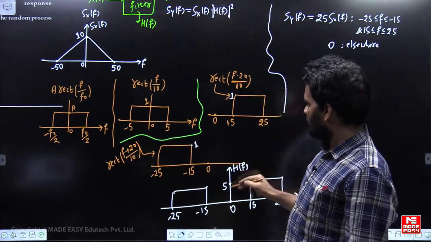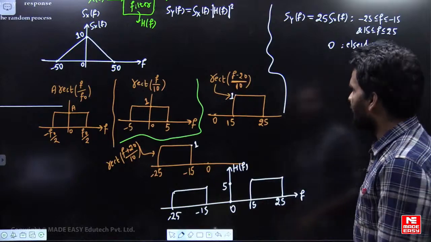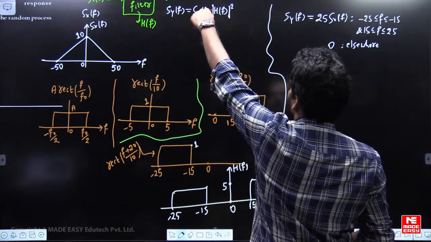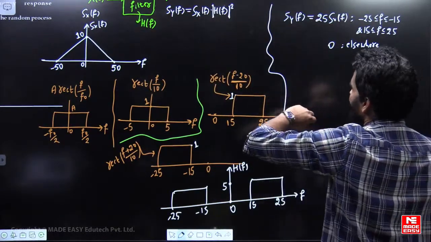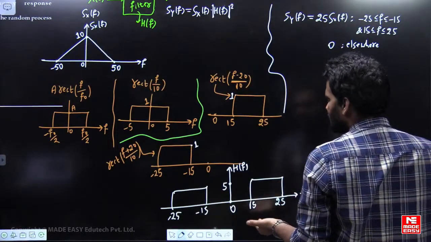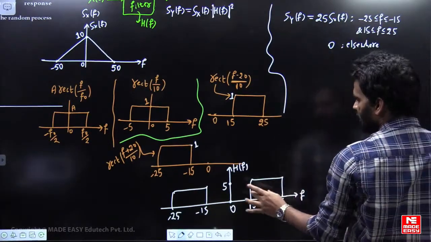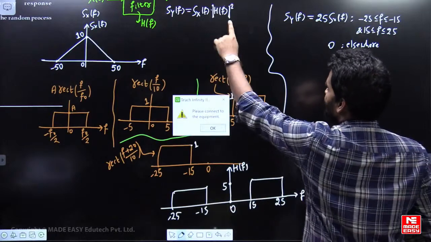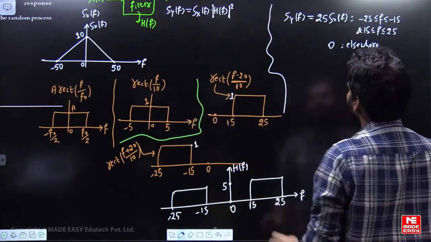The value of mod HF square is 25, so you have to multiply Sx of f with 25, but this is valid only in this interval. Other than this interval, HF is 0, and 0 multiplied with something will be 0.